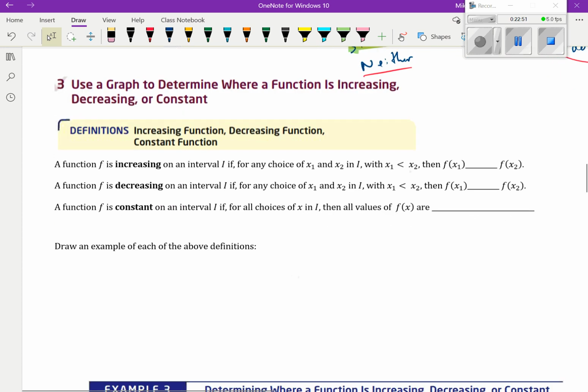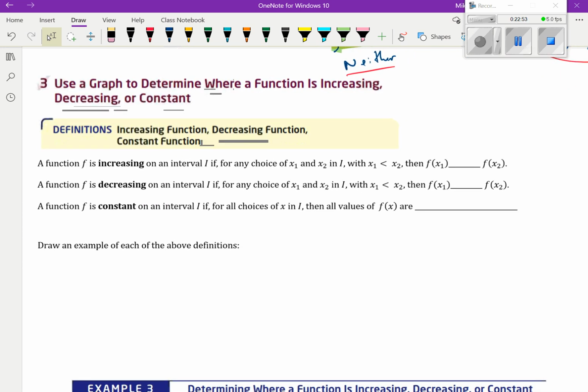One of the other objectives that we have is identify whether a function is going to be increasing, decreasing, or constant. If we just think about the words, if something is increasing, that means it's going up. If something is decreasing, it means it's going down. If something's constant, it means it's not changing.